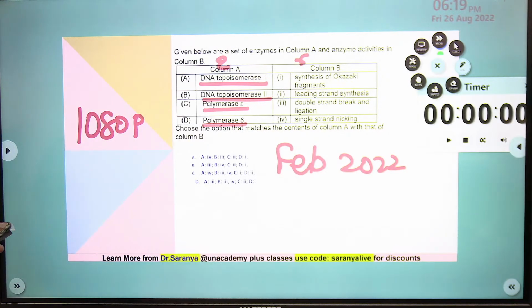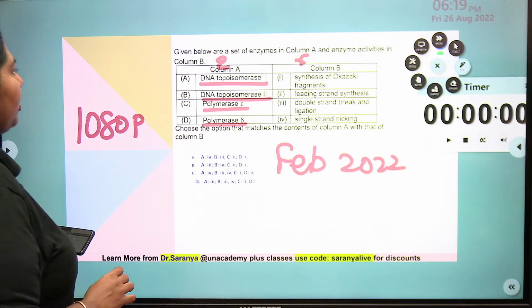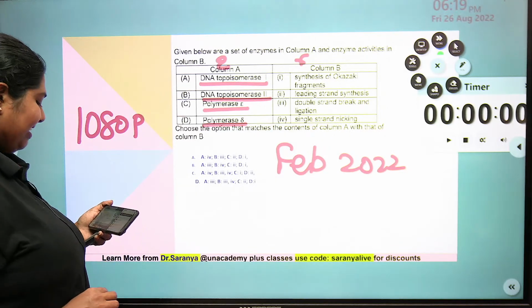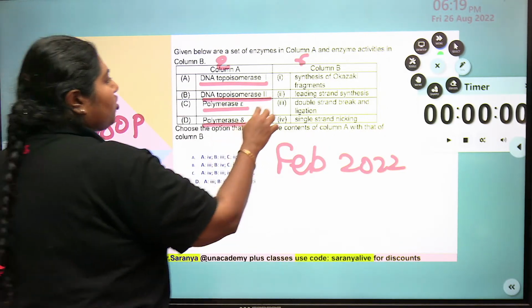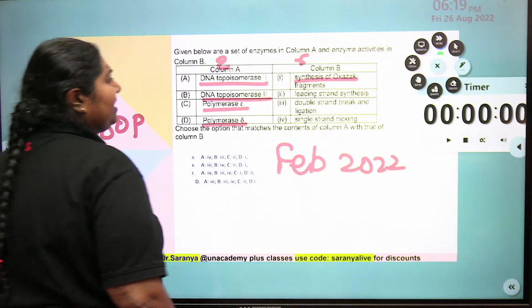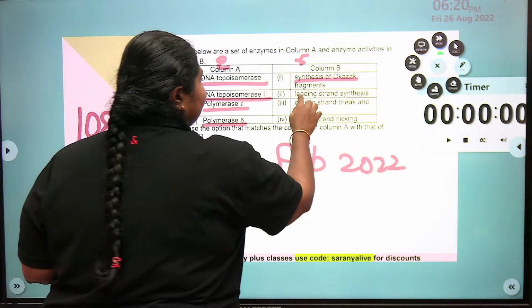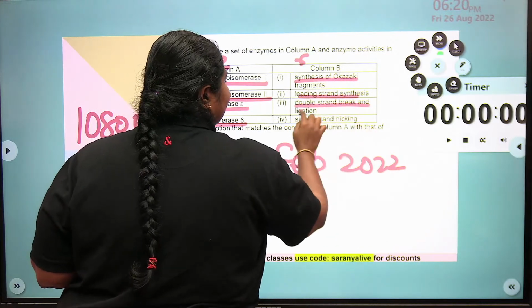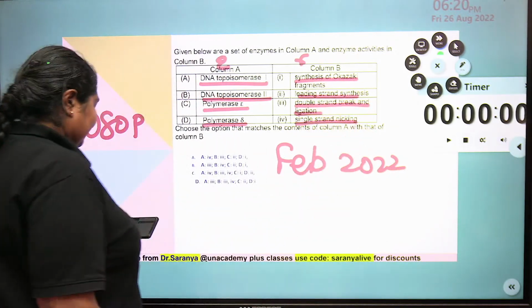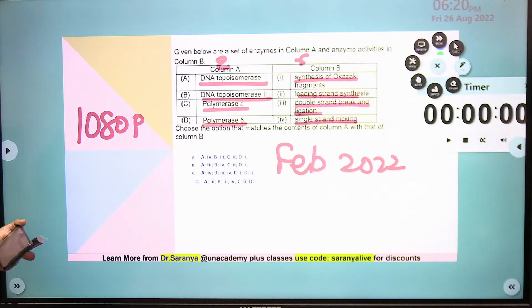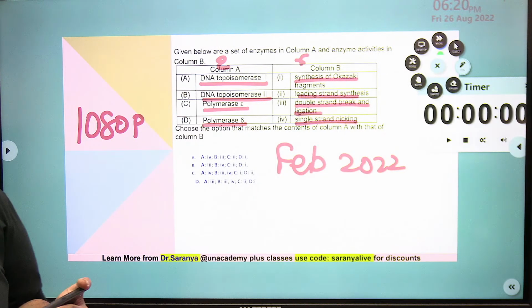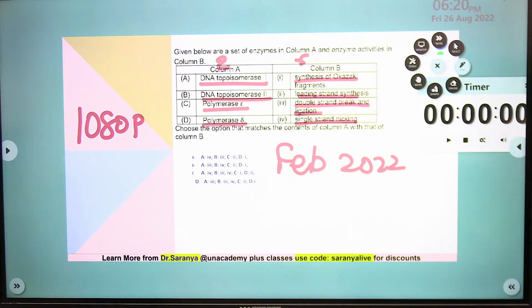Anyhow, I'll read this for you. Don't worry. It is topoisomerase 1, 2, polymerase epsilon and delta. The functions are synthesis of Okazaki fragments, the leading strand, double stranded break and ligation, and single strand nicking. Now you are going to match them with the given options.